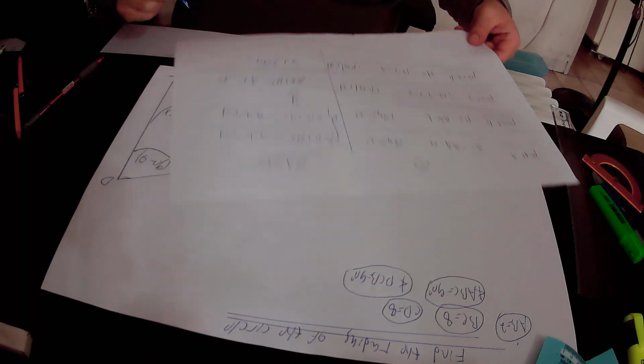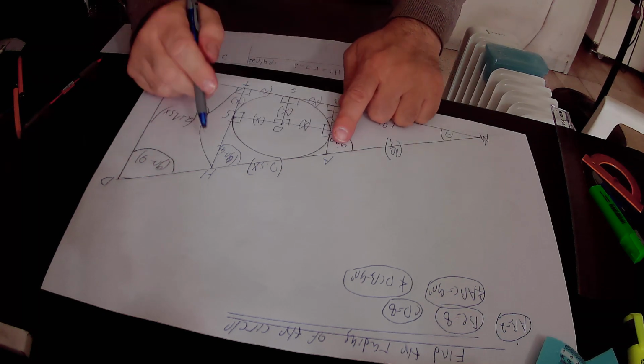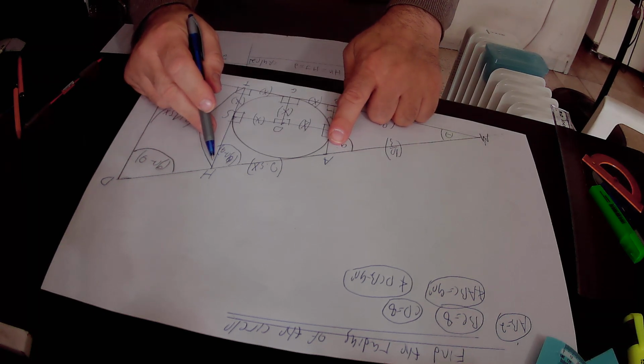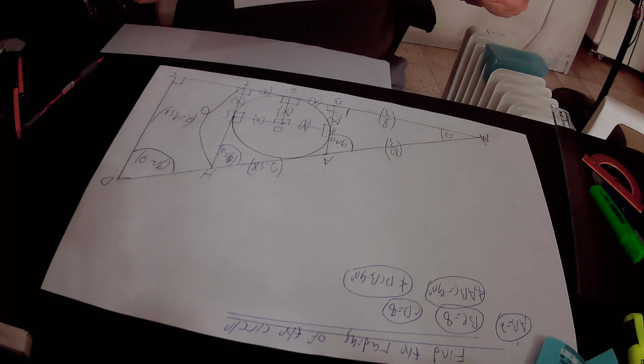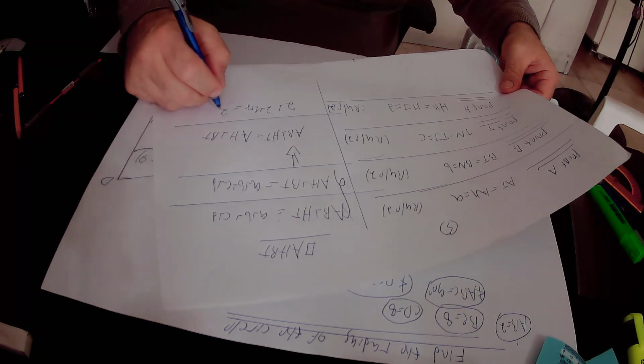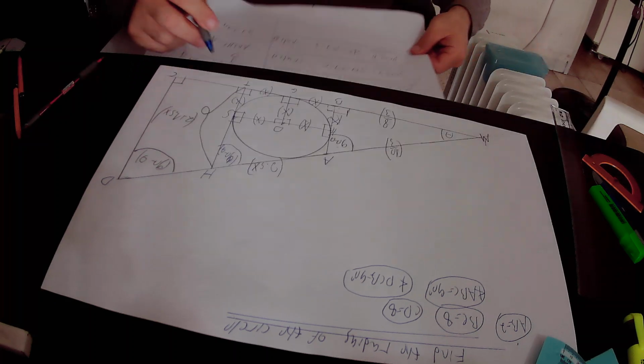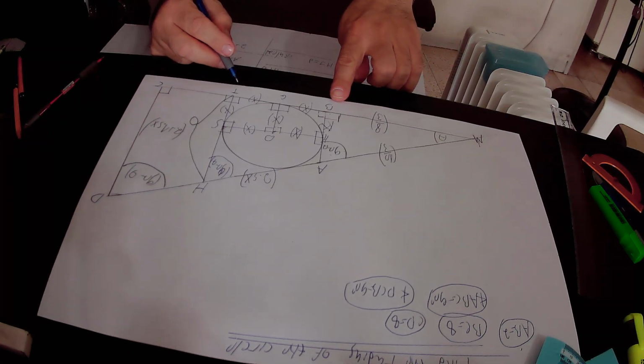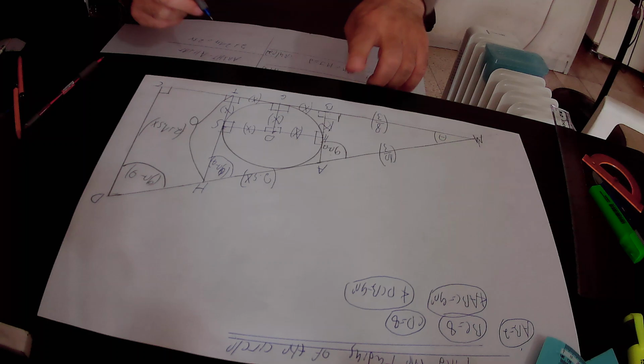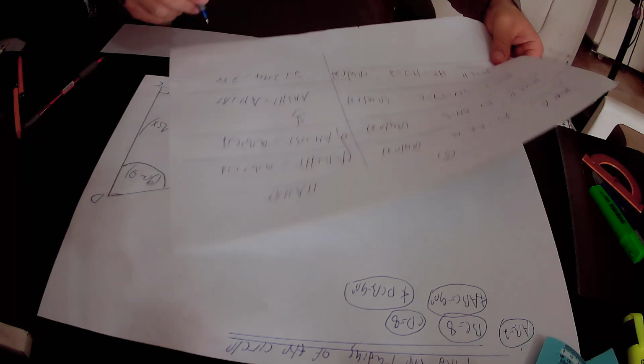And it is equal to AH. AH equals 2.5x, so we substitute AH by 2.5x plus BT. BT in total equals x plus x, that is 2x. So we substitute BT by 2x.